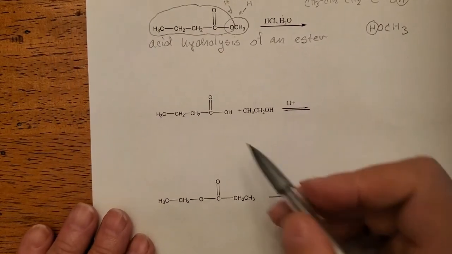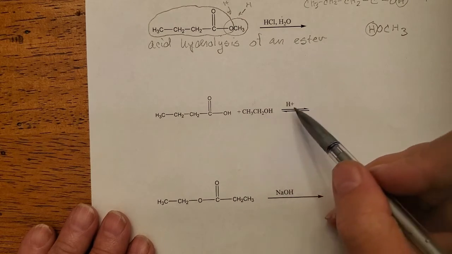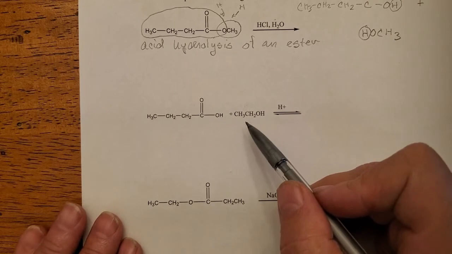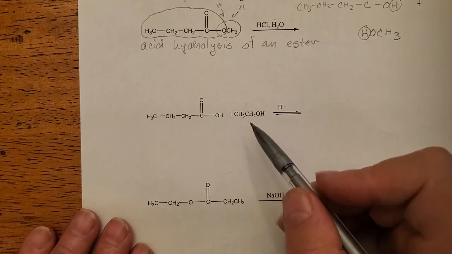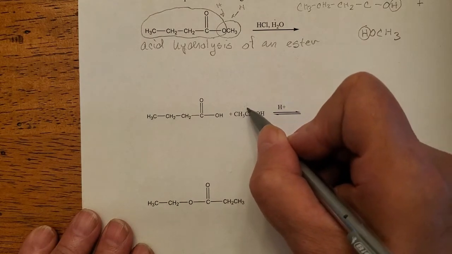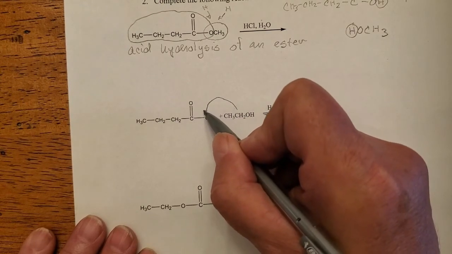Okay, so here is a carboxylic acid and an alcohol in the presence of an acid. So we're going to synthesize an ester. And quite literally, we're going to take this and bond it to that oxygen.